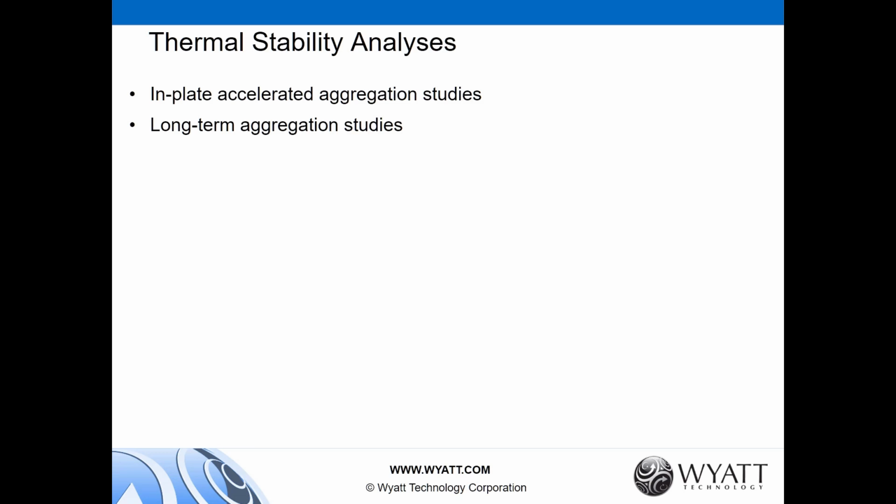And you can even use it for longer term aggregation studies where you take the plate, put it into a stability chamber, do whatever it needs to do there, whether it's some freeze thaw or stress or long-term aggregation. Periodically move it back in, do a quick scan to get all those values of molecular weight and size, and then move it back for the next stage in the stress.